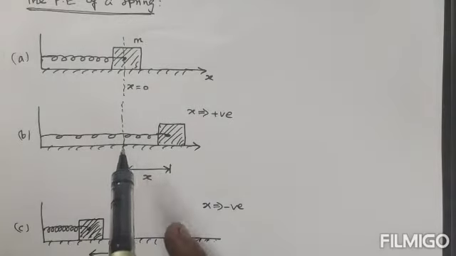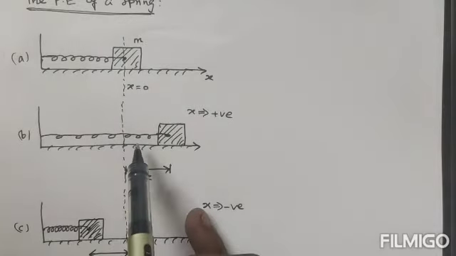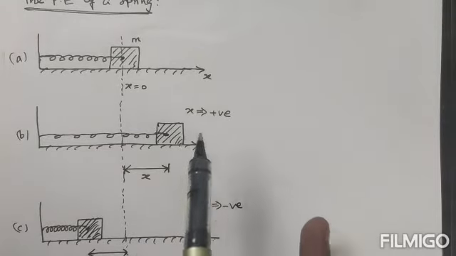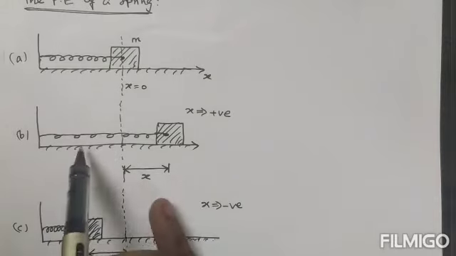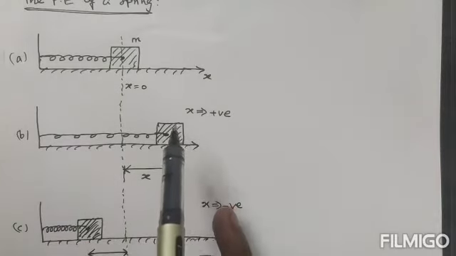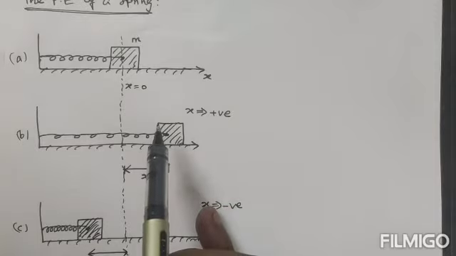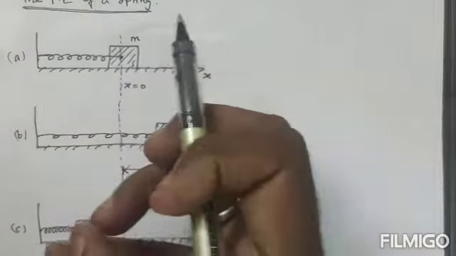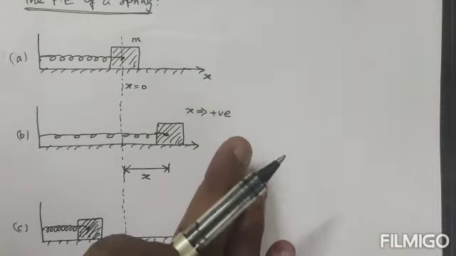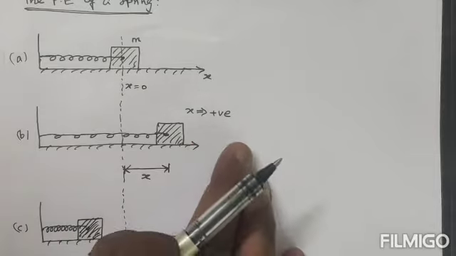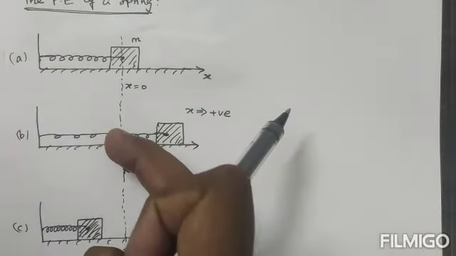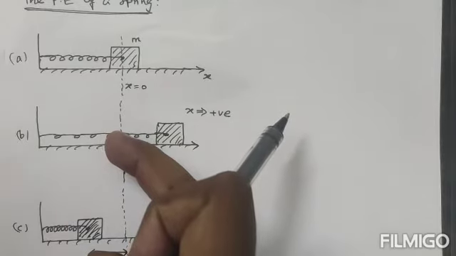But in the second diagram, we apply some external force, and due to that external force the spring is stretched. One more point: if we stretch the block in the positive direction and then leave it, immediately it will come back to the equilibrium position.